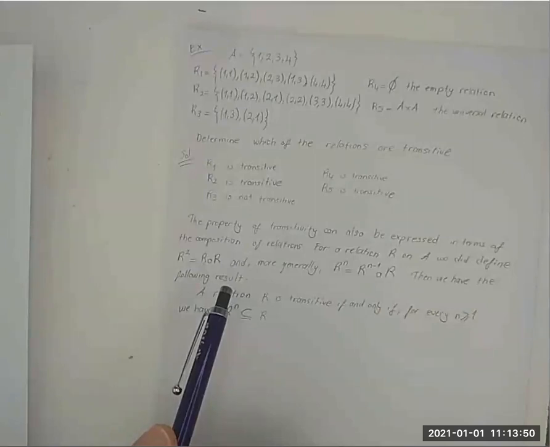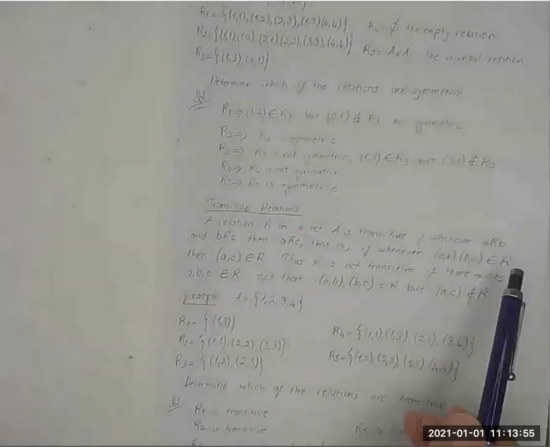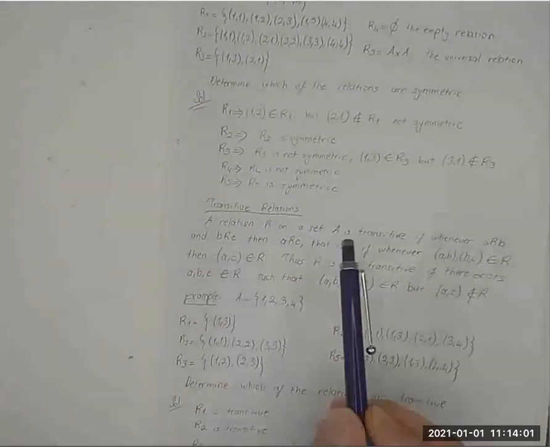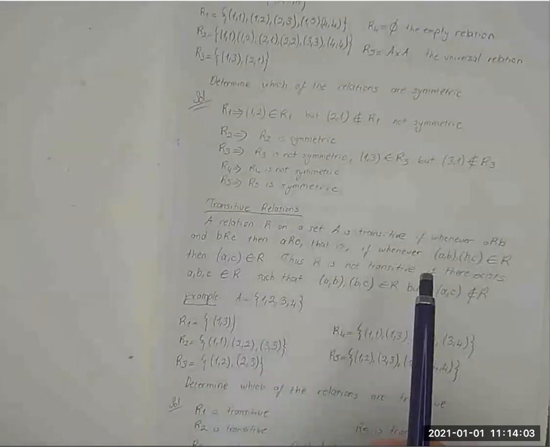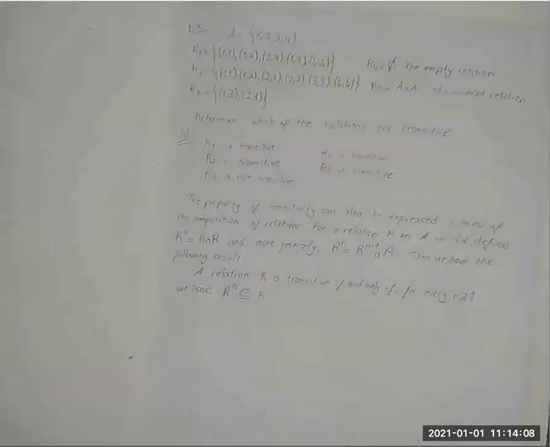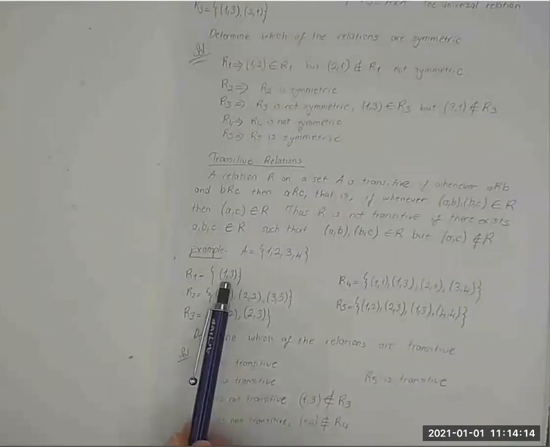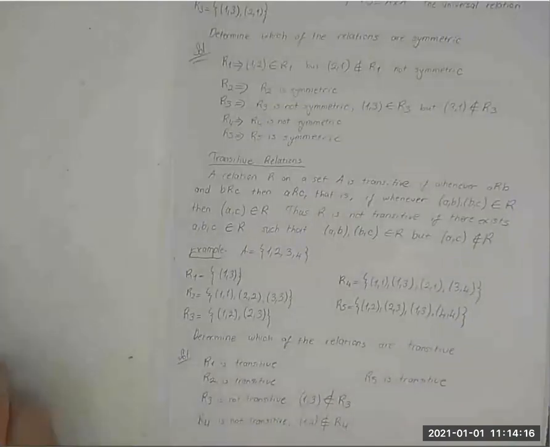I won't check that property. The rule is saying there is A relation B, B relation C, then I have to check A relation C. How about R1?